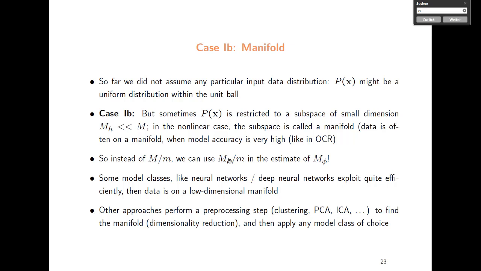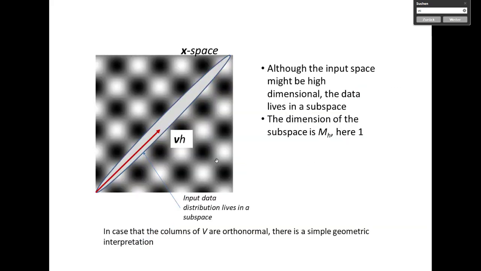And some models like neural networks and deep neural networks exploit quite efficiently when the data is on a low-dimensional manifold. Some approaches perform a pre-processing to find this manifold, like PCA or ICA, but a neural network does that implicitly by itself.